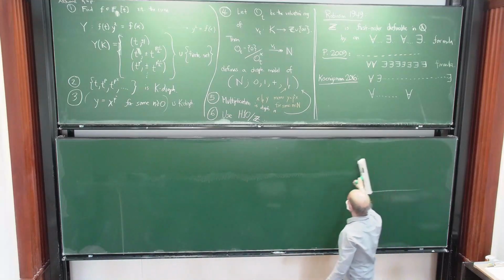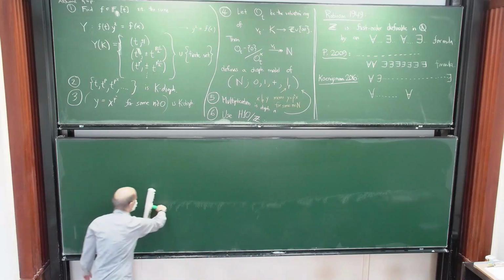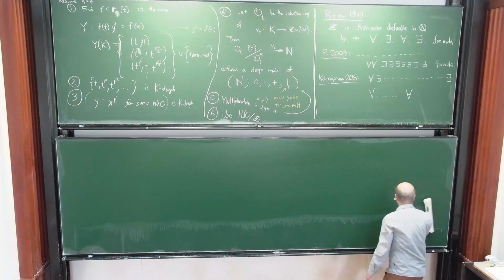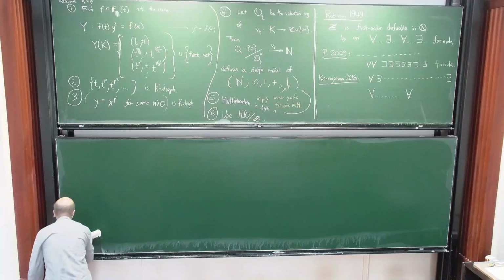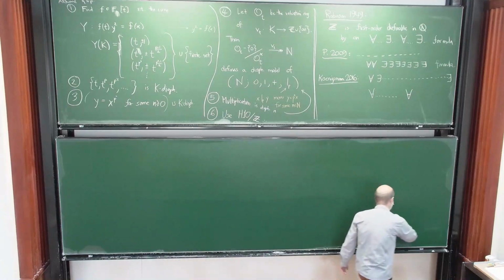Anyway, those approaches haven't quite worked yet. But Koenigsmann's proof is also kind of interesting. It uses quadratic reciprocity.